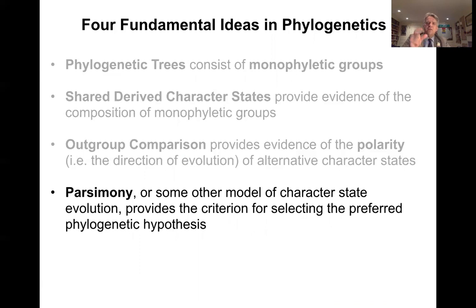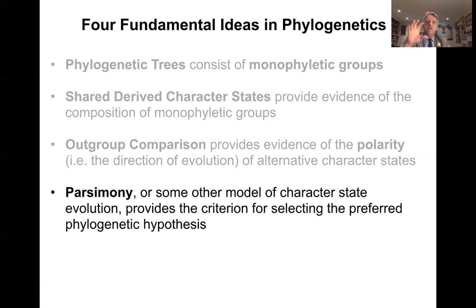What is the method that we use to find what we think is the optimal phylogeny? That is, what phylogeny best explains the character variation that we're observing? Now, in the very early days of phylogenetic systematics, the principle of parsimony was the way of finding the optimal tree.